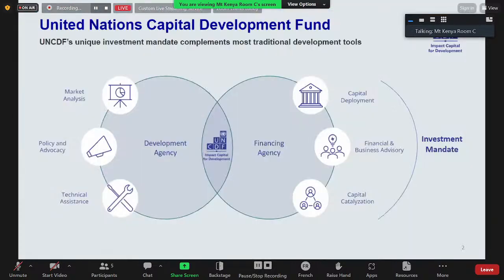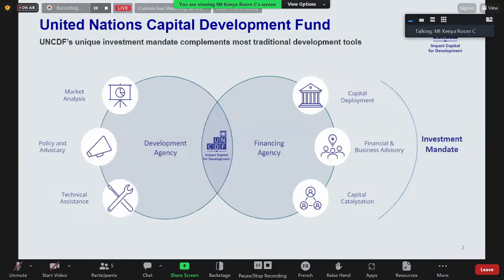So let me first give a very brief intro of the UN Capital Development Fund. UNCDF is a small UN agency, and usually we are not very well known, even within the UN community. UNCDF is a hybrid agency. Why do I say it's a hybrid?